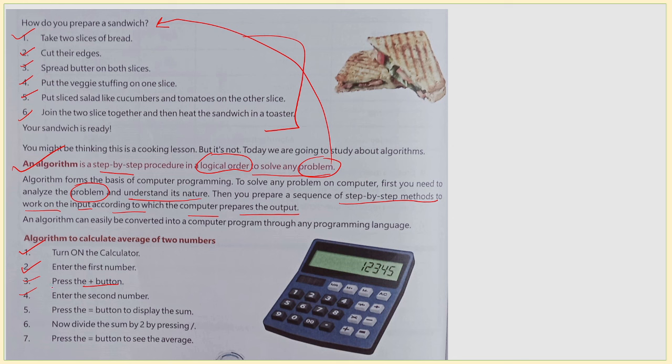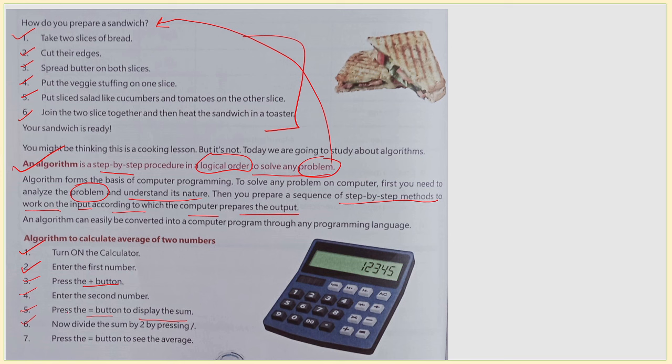After entering the second number you have to press the equal button to display the sum of the first number and second number. After that, what is the sixth step? In the sixth step you have to divide the addition of the two numbers by 2, because you have to find the average value of these two numbers.